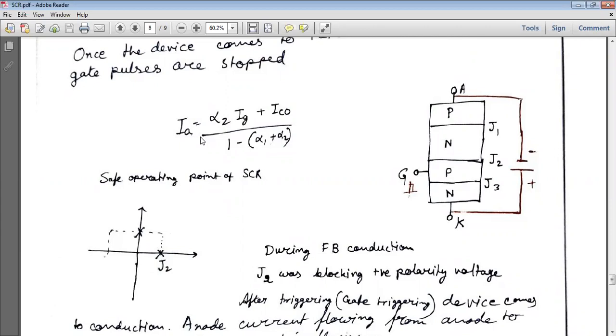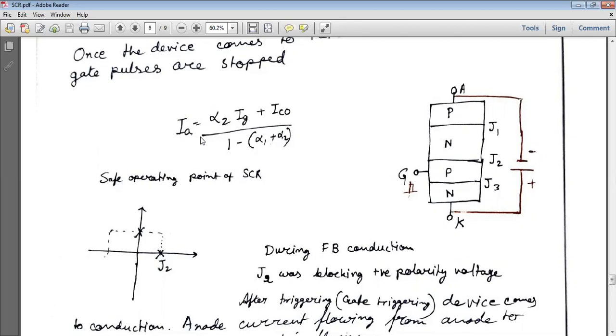With the application of a gate pulse, there is a high chance to break the junction J3. So we can bring J3 into conduction. If we keep on increasing the gate current, at a particular time the junction J1 comes to conduction.